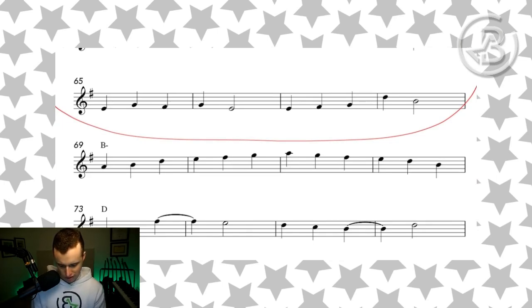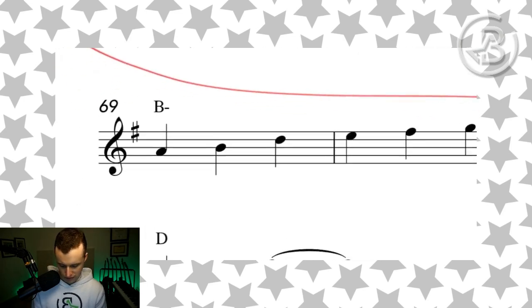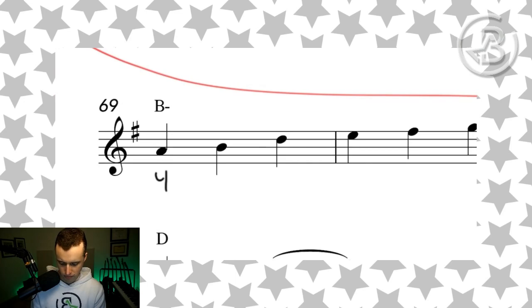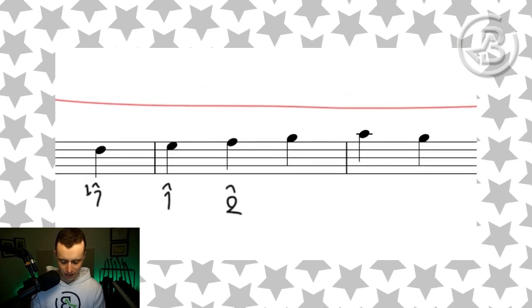Okay, now changing things up a little bit. So we're actually going to write these scale degrees down. Now, in your music, you most likely actually went through and wrote all the scale degrees out. That's great. That's fine. I'm just saving a little bit of time so you don't have to just sit here and watch me write the scale degrees in. So I'll just point out when we have things that are the same.